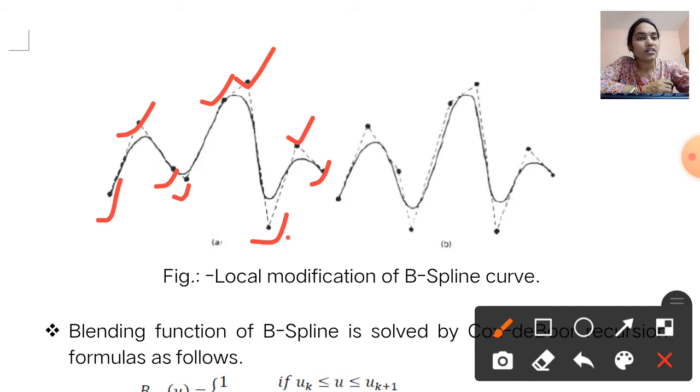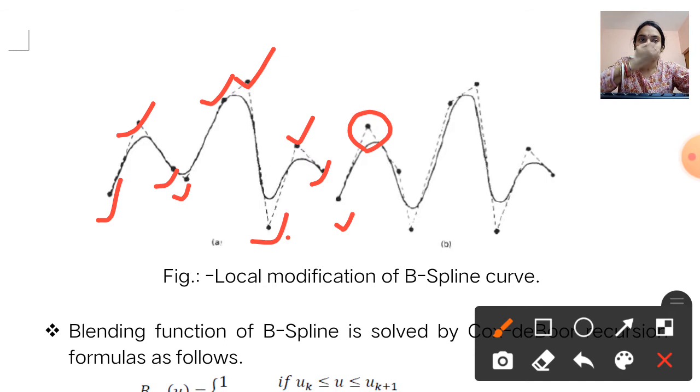But in the next figure, figure B, some control points are changing. The starting point is here, and this one is in the same place. But this third control point is now moved upwards, and the fourth control point now moves downwards.